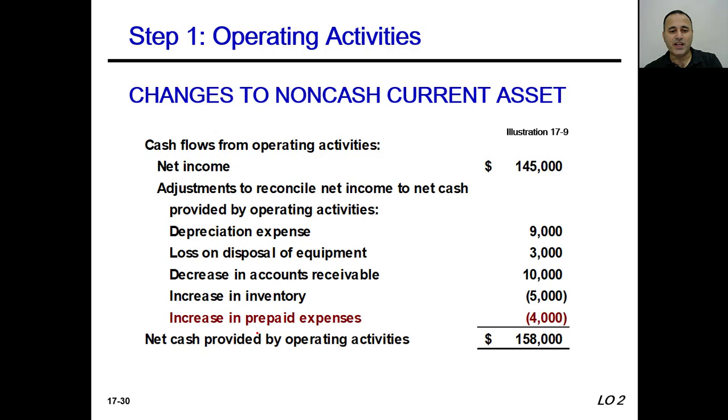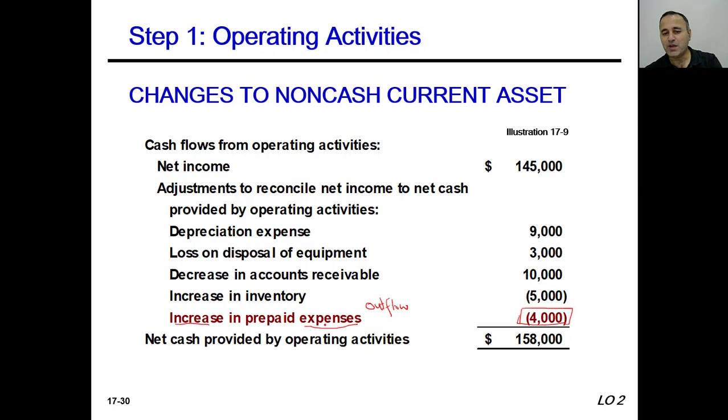So the increase in prepaid expenses is $4,000. It's a prepaid expense; expense is an outflow. So if your prepaid expenses are on the rise, it means that $4,000 is now a cash outflow because your prepaid expenses increased by $4,000.